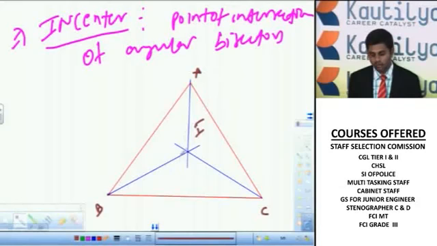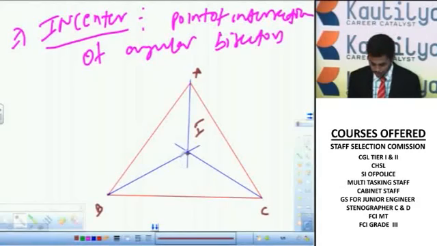And this incenter, that is the point I, is equidistant from all the three sides. That is, the distance from I to AB, I to AC, I to BC will be the same. That is the perpendicular distance, right?